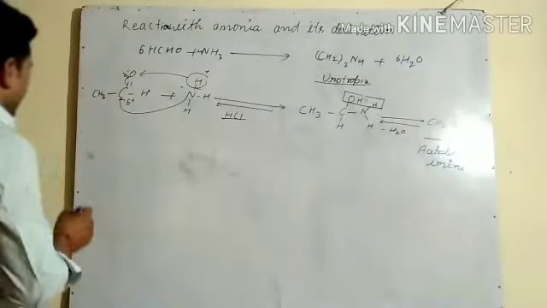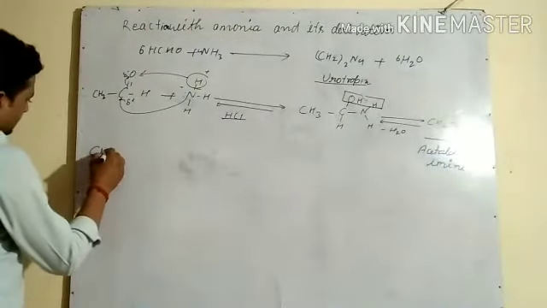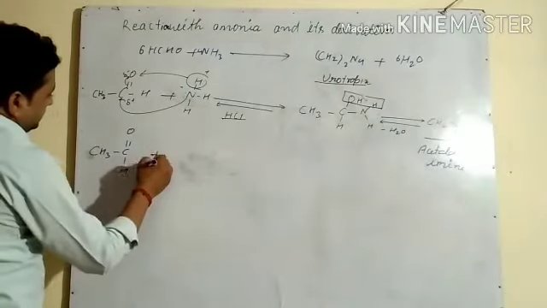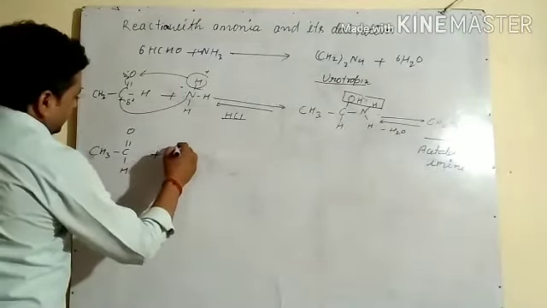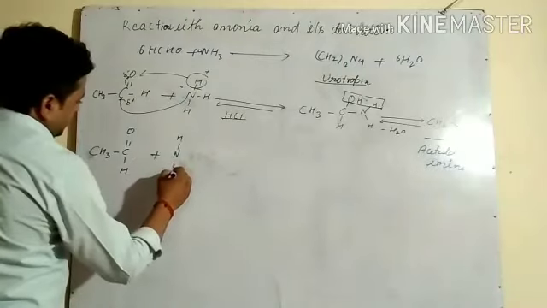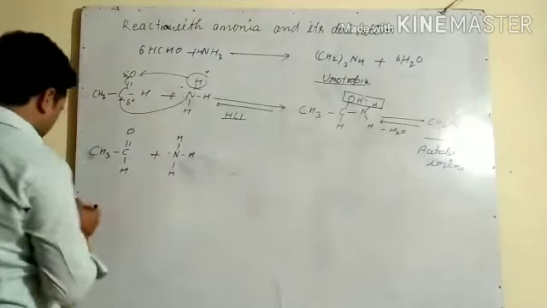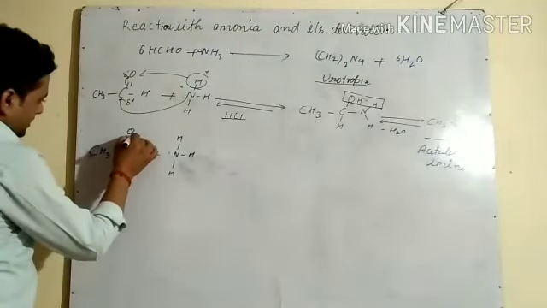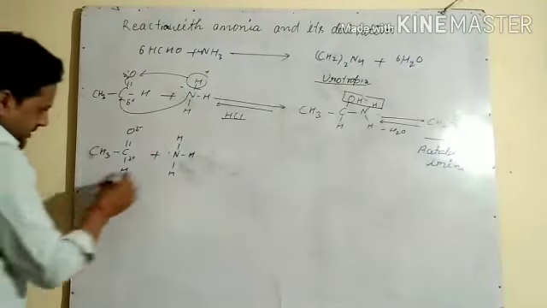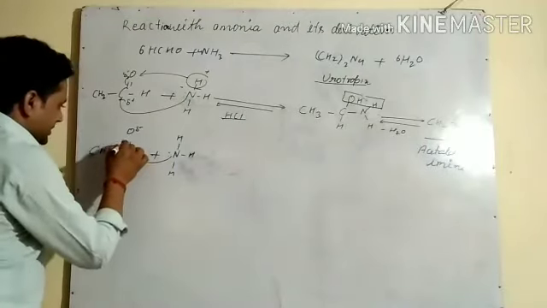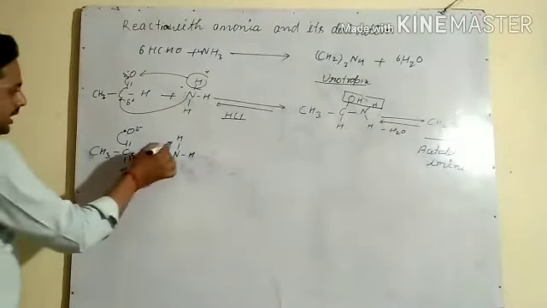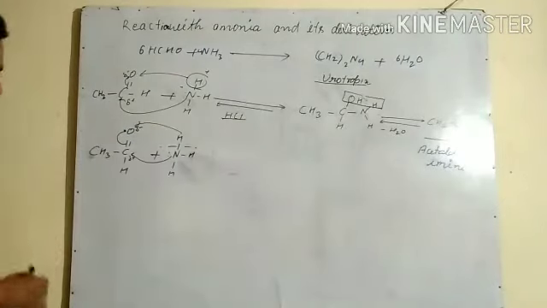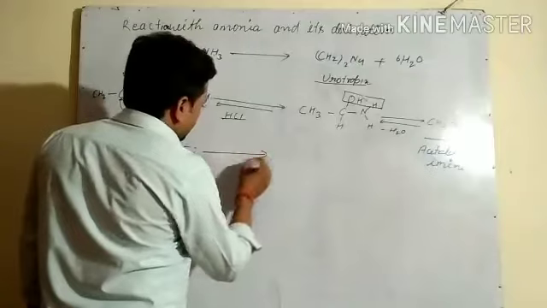If instead of that we are taking a ketone like this, with NH3, H, H, H. So delta positive charge, delta negative charge there. This comes to there, this bond shifts to that side, this bond breaks from here, and this goes to there.